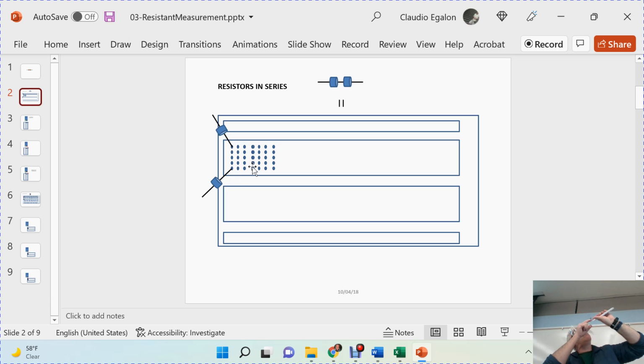So whenever you put those resistors in the same column, it's like they are touching each other. Make sense? So combine them in series, get your multimeter, clamp here at this end, clamp here at the other end into the multimeter. That's how you do it. You're going to do R1, R2, R1, R3, R1, R4, R1, R5. Make sense?